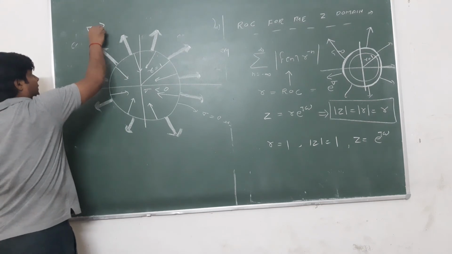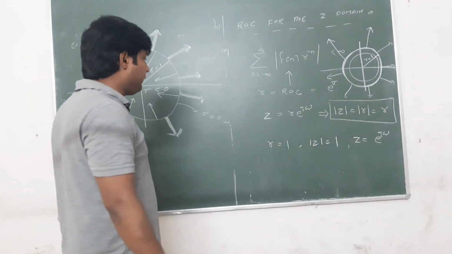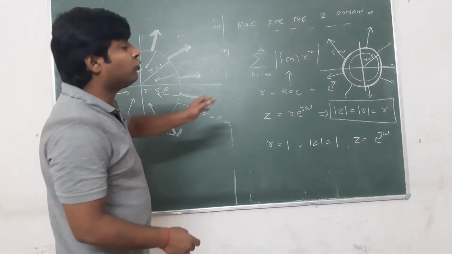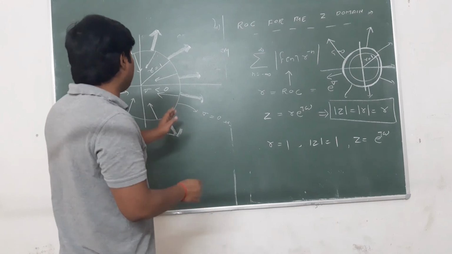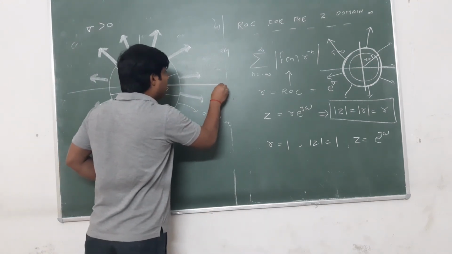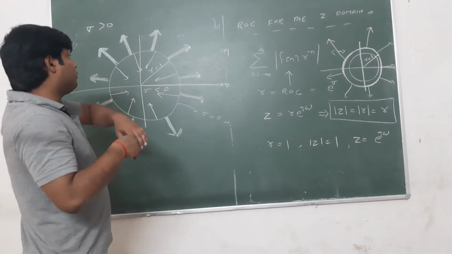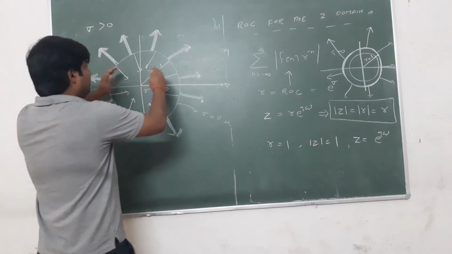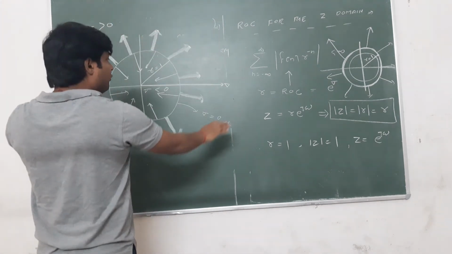Sigma is greater than 0, means in the Laplace domain, if we take the value of sigma from 0 to plus infinite, means this axis of sigma, then the circle or ROC will be greater than this unity circle and lie in this area, this outer region of the unit circle.